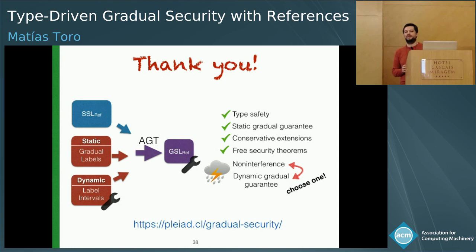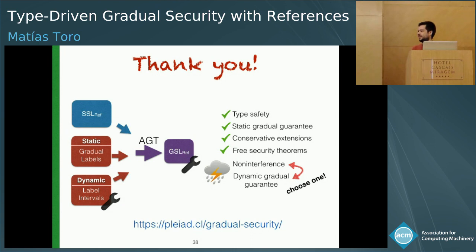Yes, that would be an interesting topic to follow, so do an effect analysis. That's something that we want to try in the future. But it gets complicated in a higher-order language. So we want to make the use of gradual security types transparent for the programmer, so he doesn't have to reason about effects also.